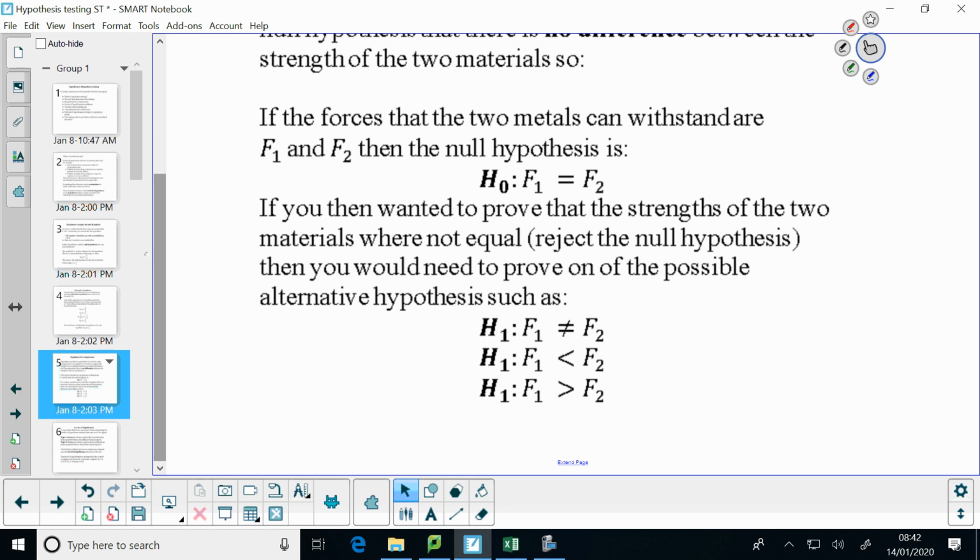So you're looking at both sides. You could make the hypothesis that F1 is less than F2, or the alternative hypothesis that F1 is greater than F2. That's just looking at one side of the data. Okay. Everybody all okay with that so far? And I know it'll become clearer when you have a look at the problem. All right.